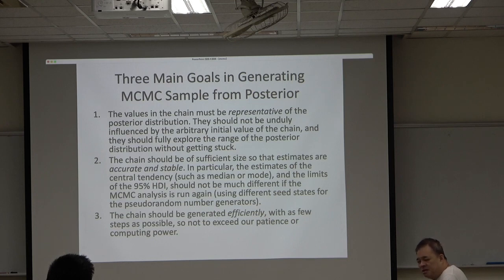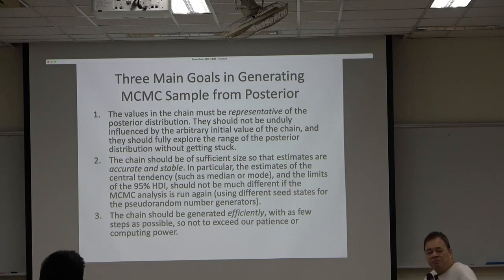The first one is the initial location should not have an impact on the result. If the initial location has an impact on the result, that means your chain is not representative enough of the posterior distribution. And also, your chain should fully explore the range of the posterior distribution.